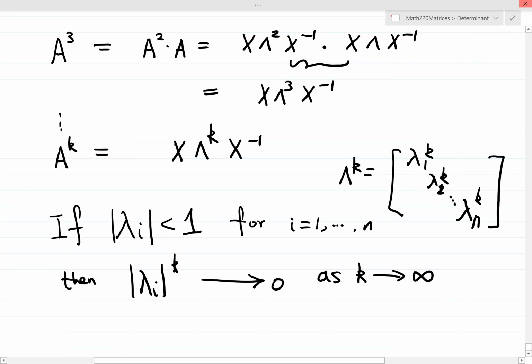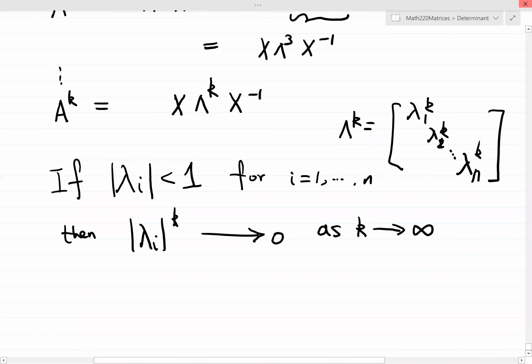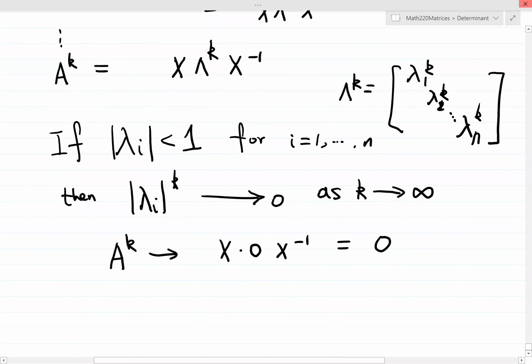This means A to the power k approaches X times the zero matrix times X inverse, which is 0, because 0 times any matrix gives 0. I.e., the matrix to the power k approaches the zero matrix if all its eigenvalues are bounded by 1 in absolute value.